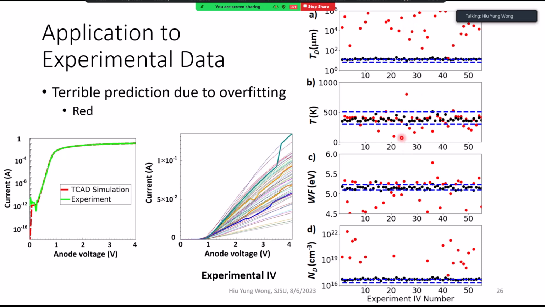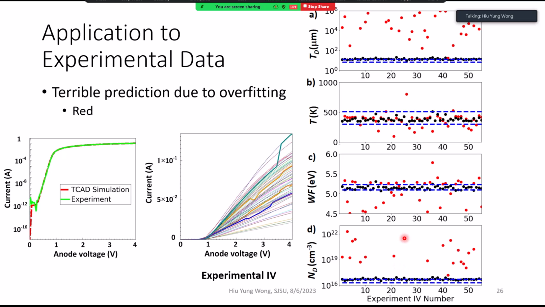The temperature can go to almost 0 Kelvin or 1000 Kelvin. The work function is very off. The doping goes to 10 to the power 22. The expected ranges are all within the dashed blue lines. Okay, so it's completely nonsense.